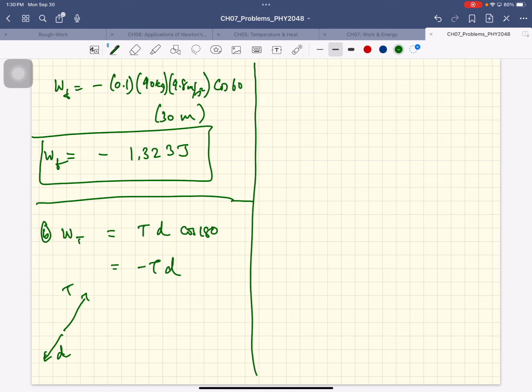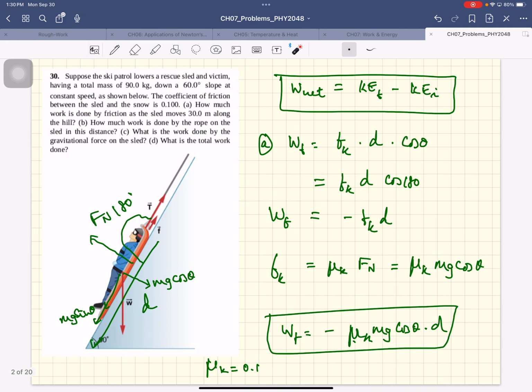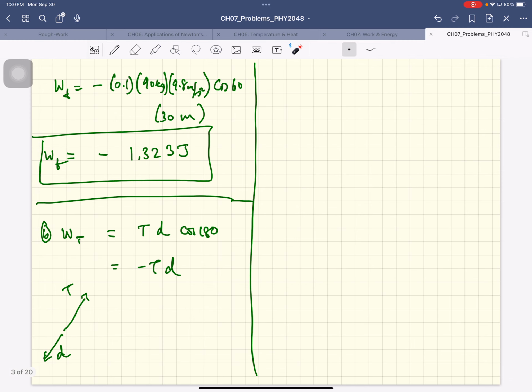Okay, what is the tension equal to? The tension plus friction force is balancing that. Because this guy is going at constant velocity, he's not accelerating. This force is being balanced by the tension and the friction. Okay.